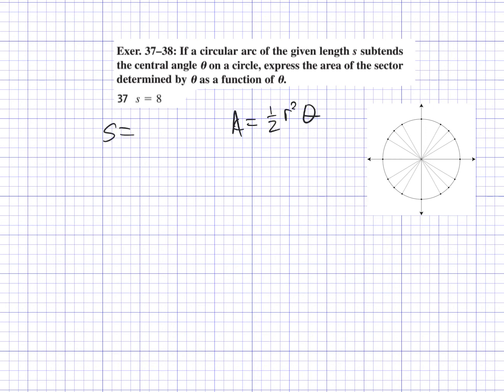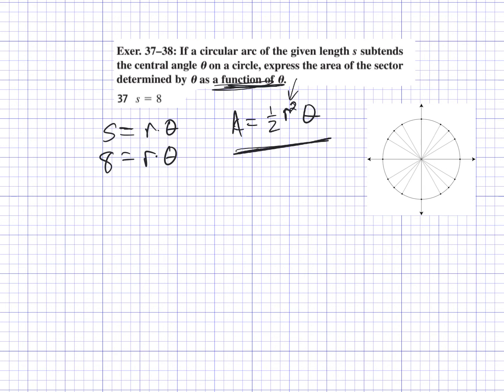S is the subtended arc length, so S equals radius times theta. S is 8. So what's the radius equal? Because we need it with just theta in our answer. So as a function of theta, meaning we only want theta in our formula. That's what that means.